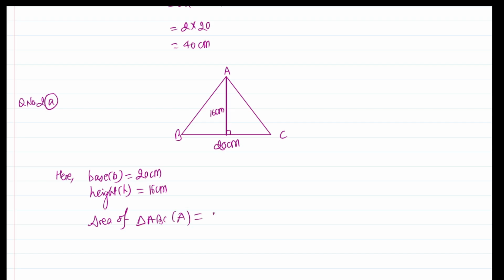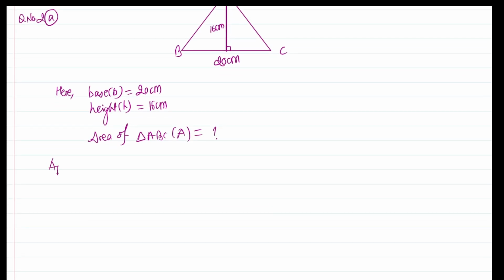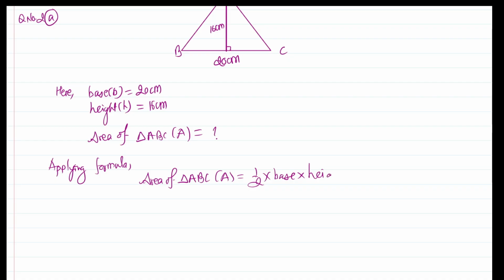Applying formula, area of triangle ABC, A is equal to half base into height.